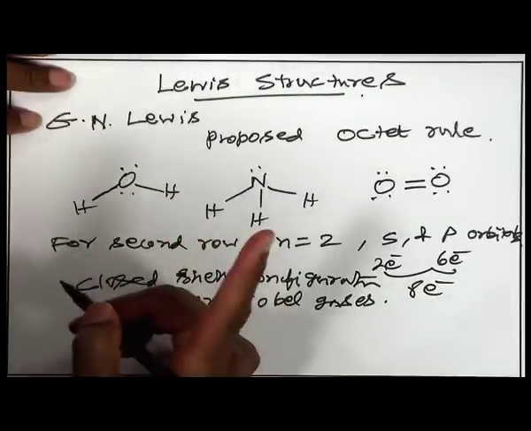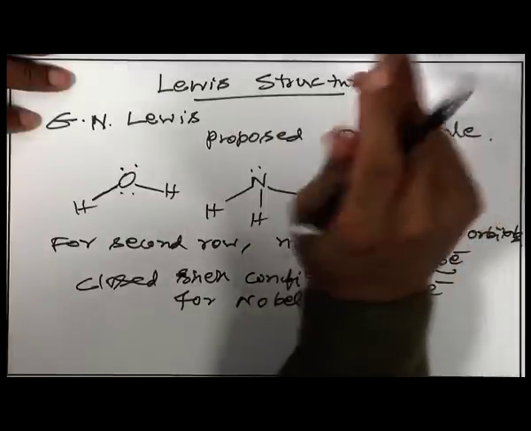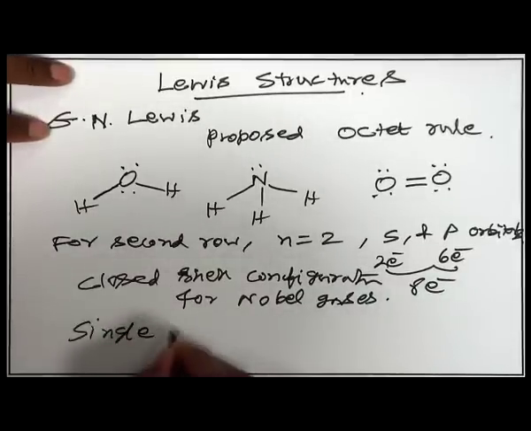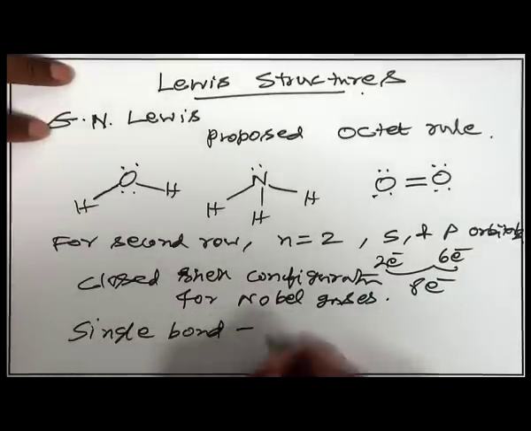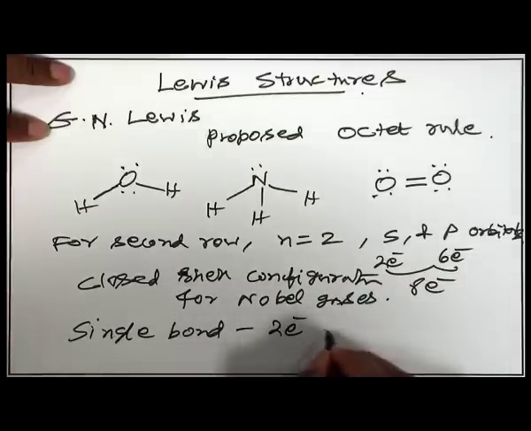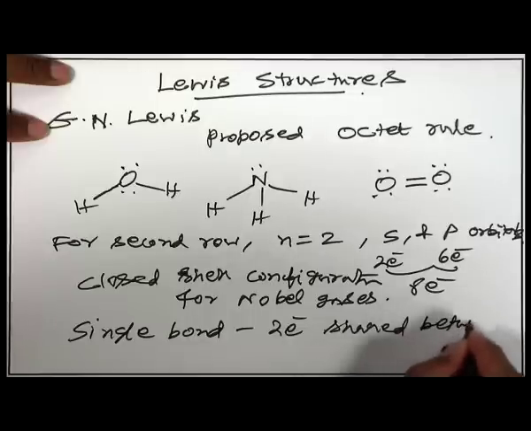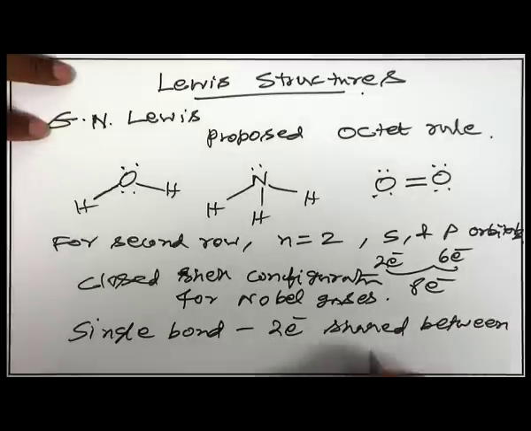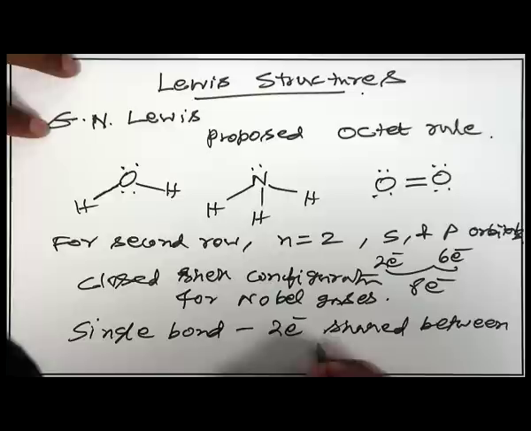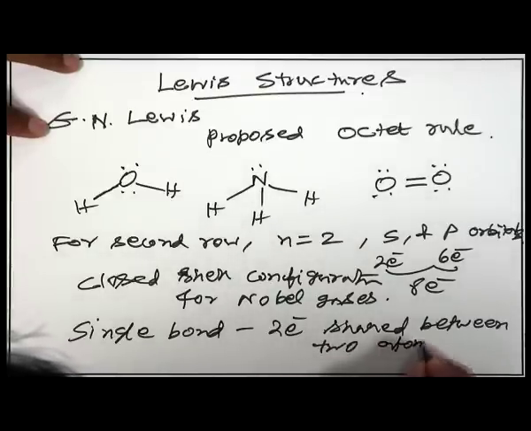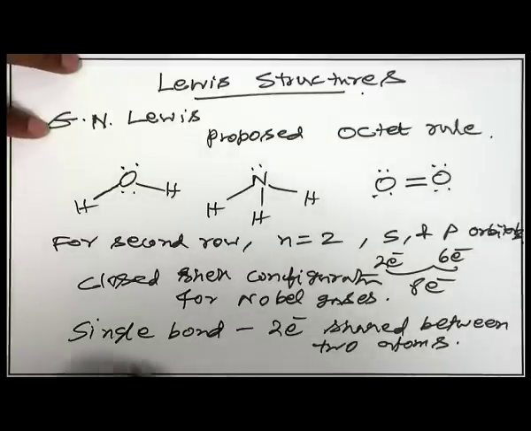A single bond means 2 electrons shared between two atoms. A double bond means 4 electrons are shared between atoms.